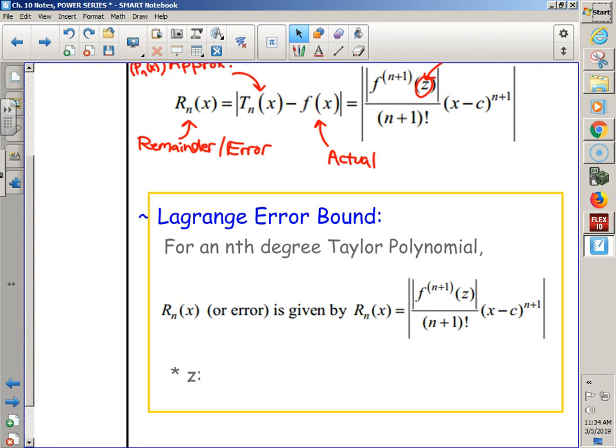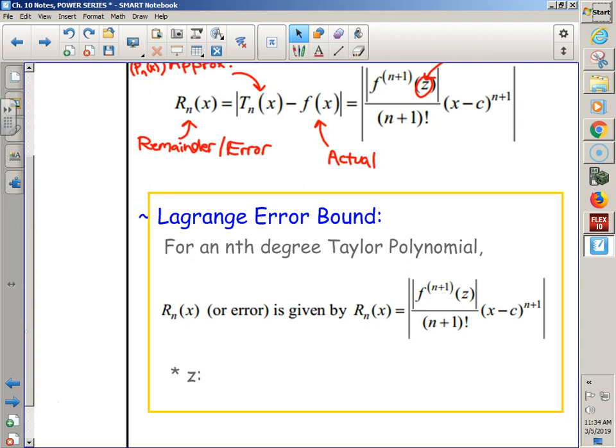Who is Z? For an nth degree Taylor polynomial, R sub n, or the error, is given by the absolute value of the n plus first derivative of Z, which is a little bit tricky, over n plus 1 factorial, times x minus c, wherever it's centered, could be 0 if it's a Maclaurin, to the n plus first power.